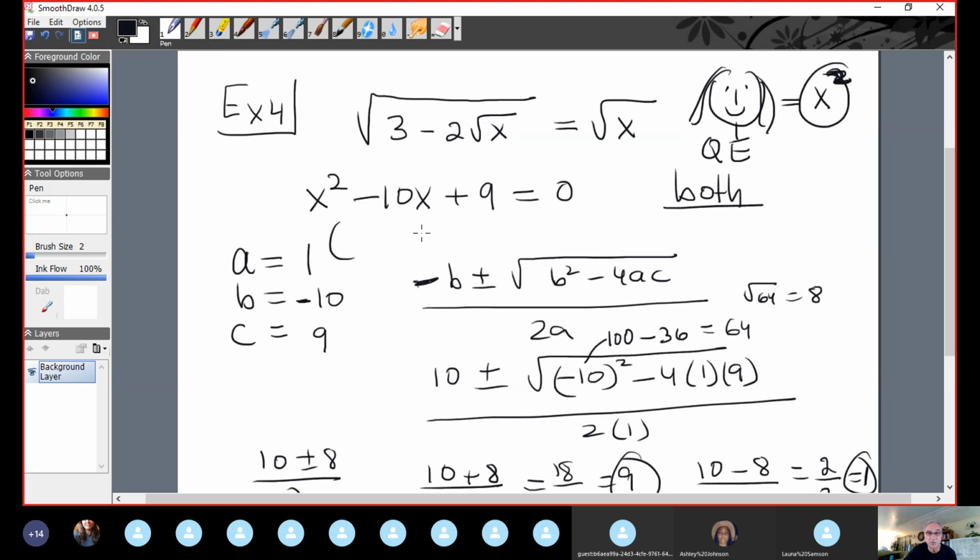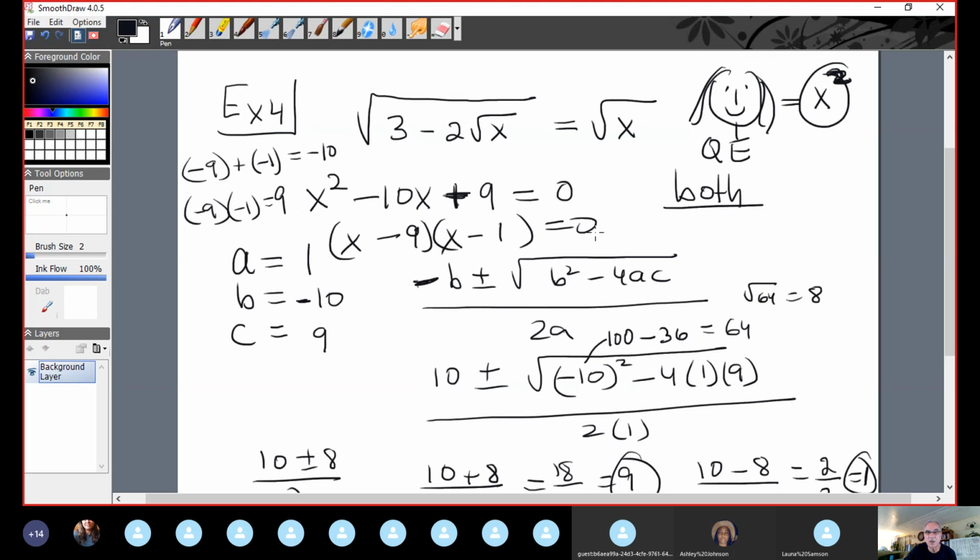By factorization, open two parentheses, x and x. The numbers are 9 and 1, because 9 times 1 is 9, and 9 plus 1 is 10. Both negative. Why both negative? Because when the product is positive, they have the same sign. Both negative because -9 plus -1 together is -10, and -9 times -1 is +9.